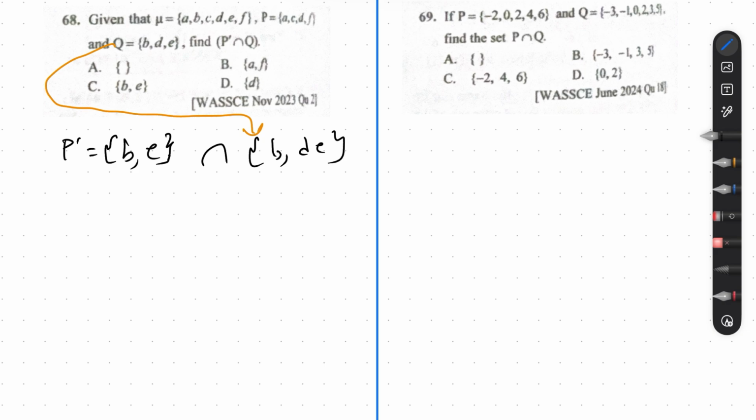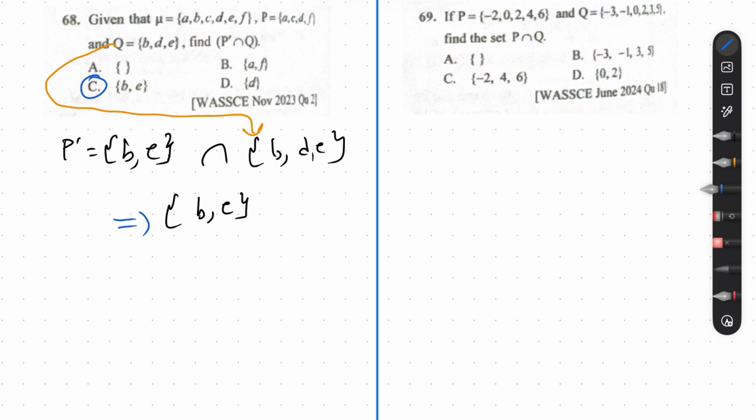What are the elements that are common to both sets? B and E. So our answer is B, comma E, which is C.